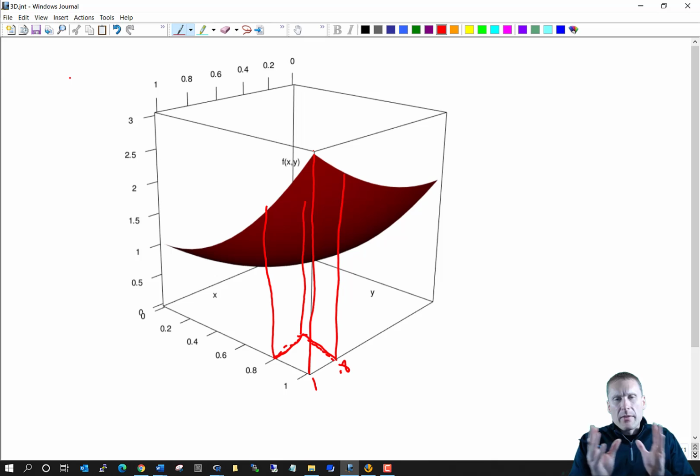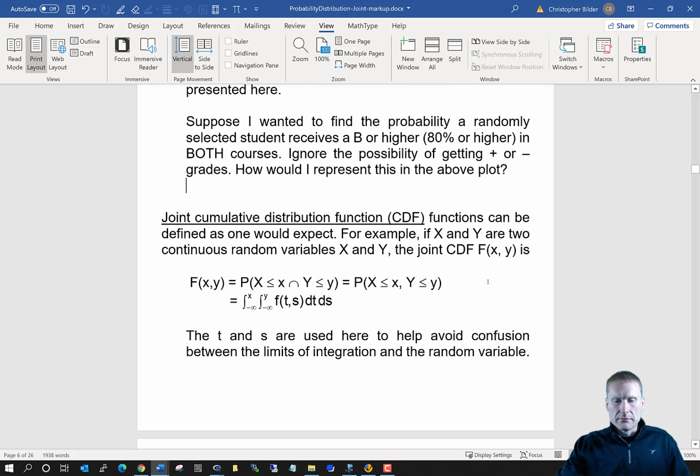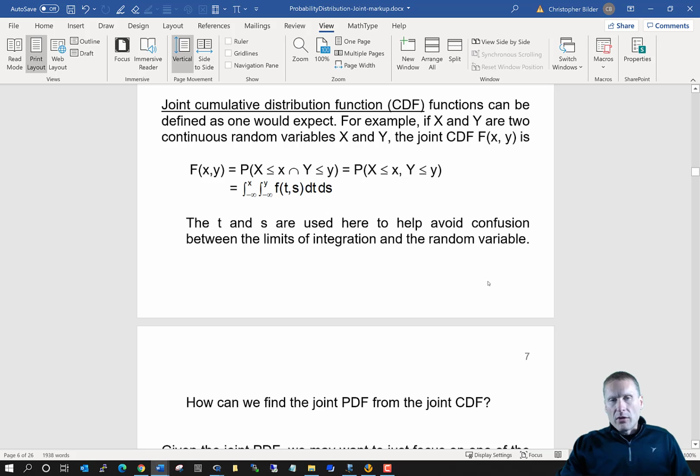But basically, if you could imagine that whole region that I just drew as colored in, that will be the corresponding probability that I'm interested in. I'm interested in the area underneath that surface. So let's get back to the notes here. And we'll look at how to do that shortly.